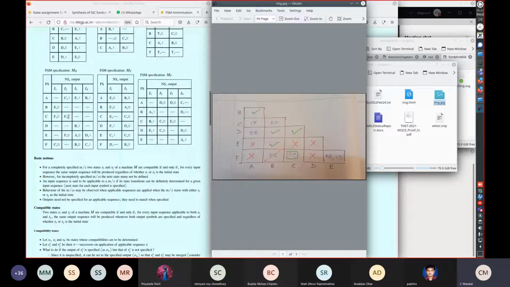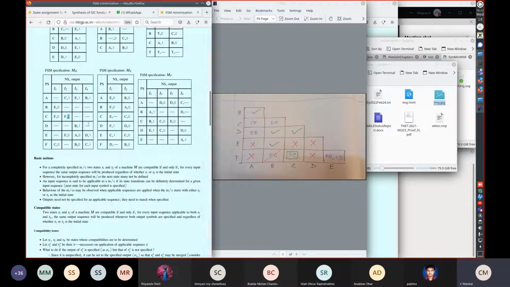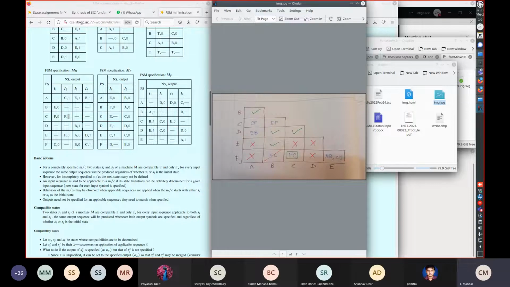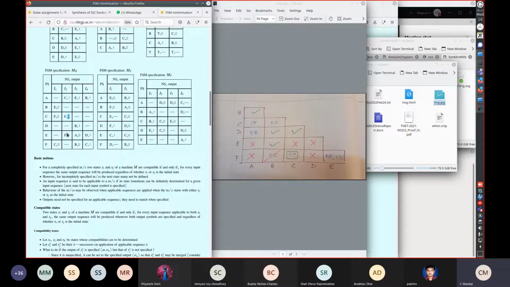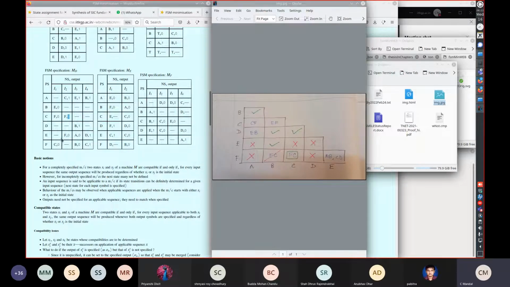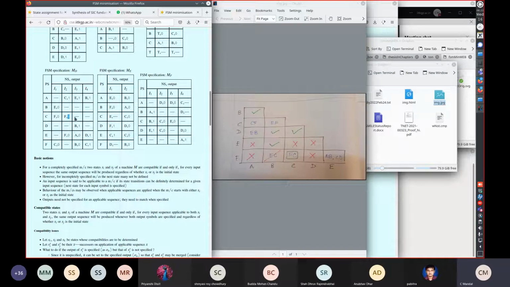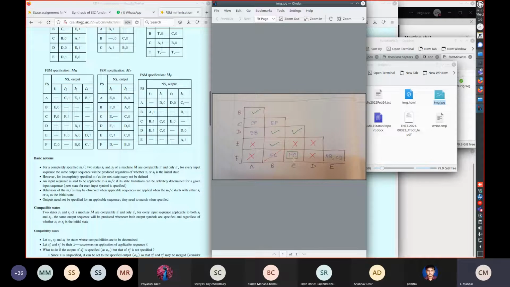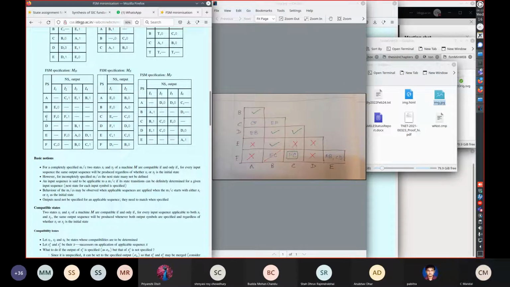Then CD, apparently, CD is okay. CE. What is it? CE. Yeah, so CE has a conflict. Then CF will depend on FC. All right. FC.